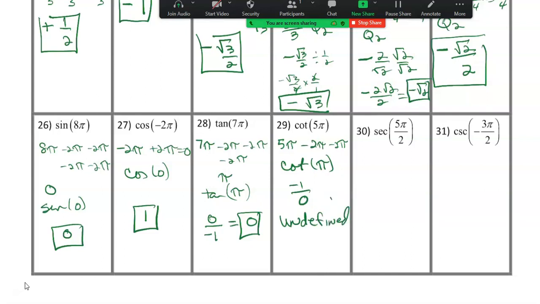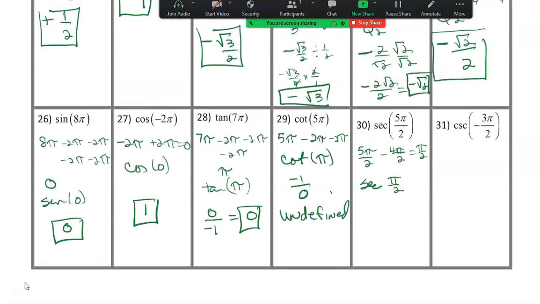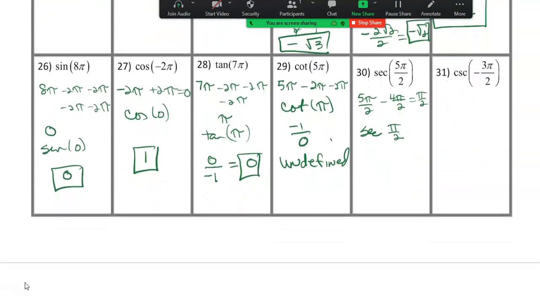Okay, 2 more left. Secant of 5 pi over 2. 5 pi over 2 is too big, so subtract away 4 pi over 2, and that gives you pi over 2. So I want the secant of pi over 2. I go to my unit circle, I see I have a cosine value of 0.